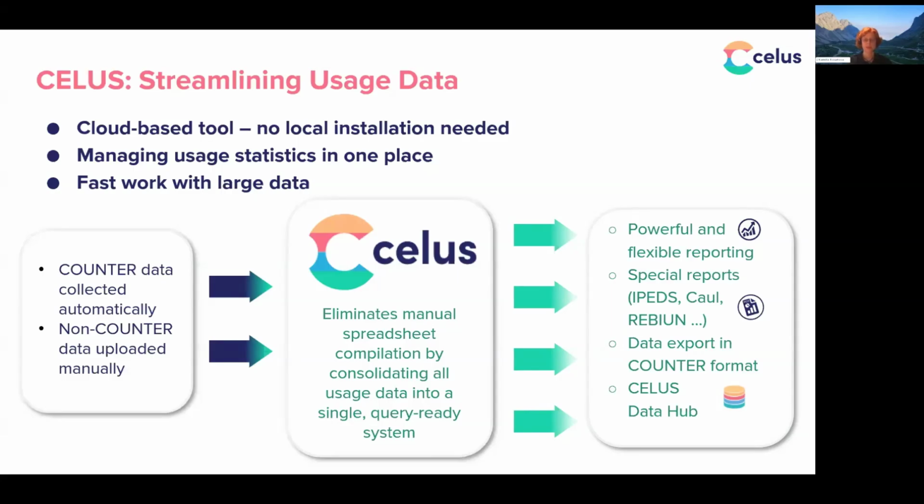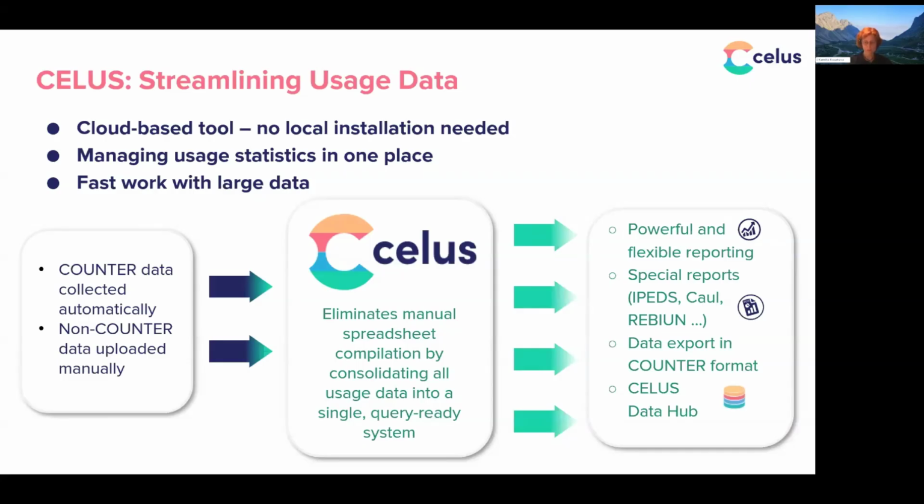Then sellers can make special reports. And then if you are not satisfied with these two options, you can also export data in COUNTER format and work with pivot tables and something like that. This is also a possibility.